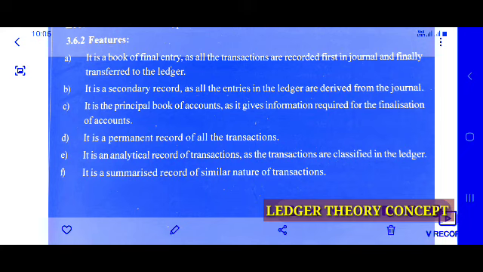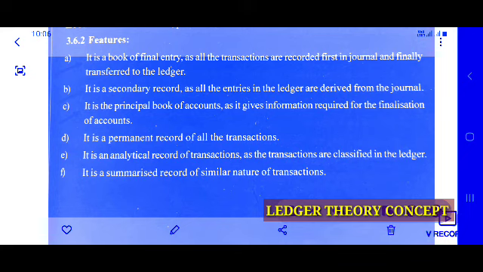Next, it is a principal book. It is a principal book of accounts, as it gives information required for the finalization of accounts. So, with the help of the ledger, we can ascertain the individual balance.